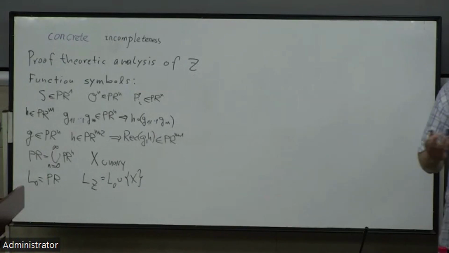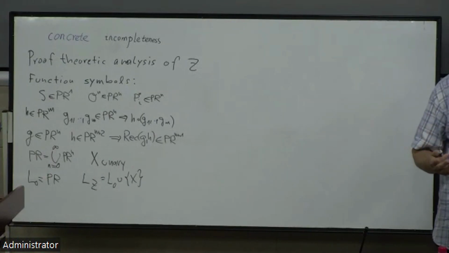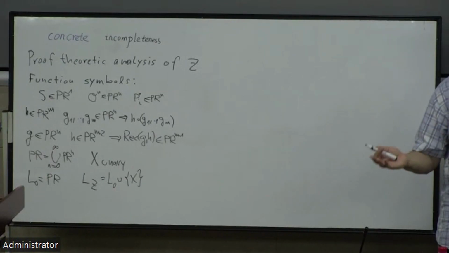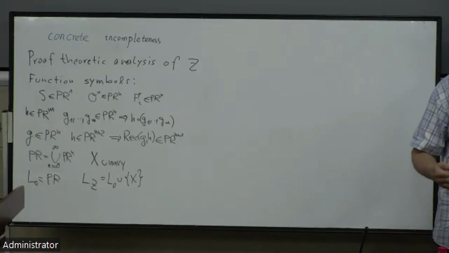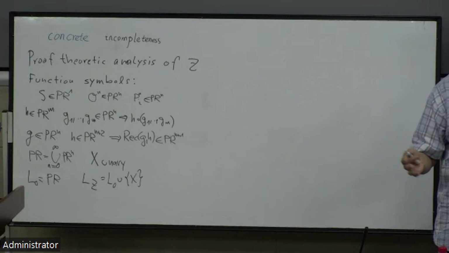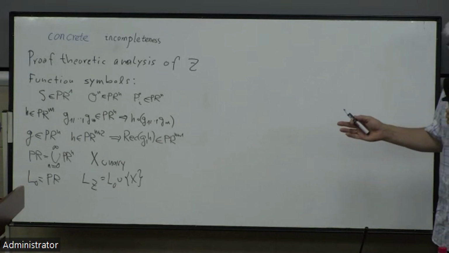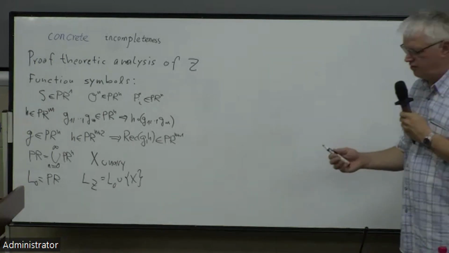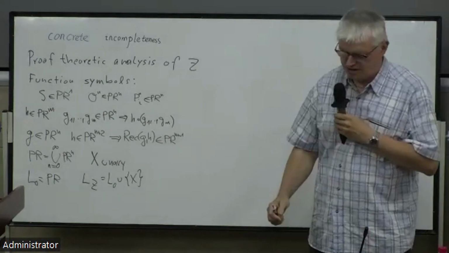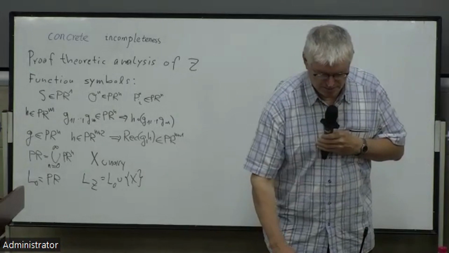And what is the idea here? The idea here is that I want to speak about well orderings. Well orderings are second order properties. One quantifies over non-empty subsets. And to express this in the language of arithmetic, I need a new relation symbol, and this is X. That's the role of X.